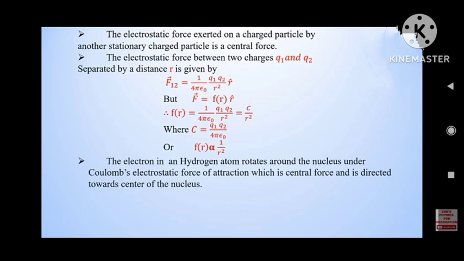But F is f(r) into r cap. Therefore, f(r) is equal to 1 by 4 pi epsilon naught Q1 Q2 by r square, which is equal to C by r square, where C is equal to Q1 Q2 by 4 pi epsilon naught.